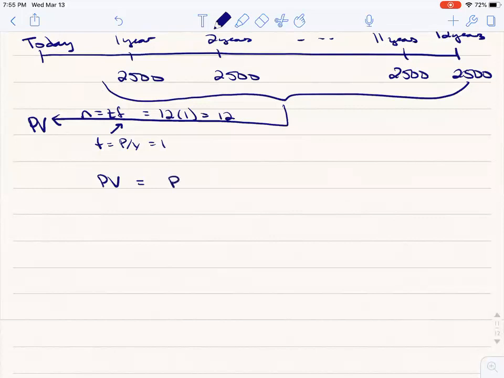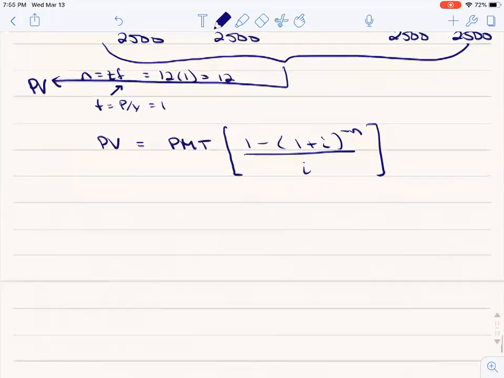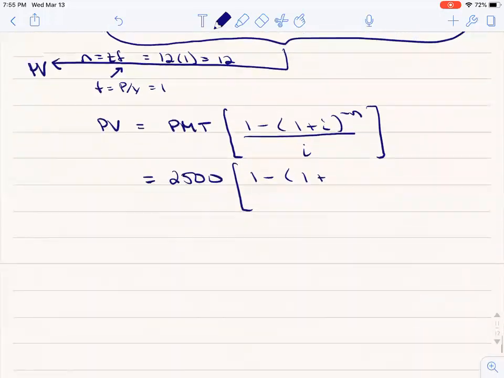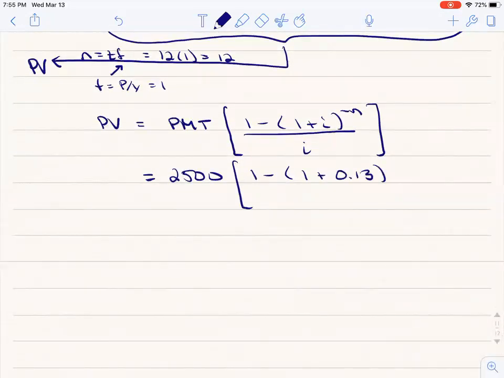The present value is PMT times the bracket of 1 minus 1 plus I to the power of negative N, over I. Your payment amount is 2,500 times 1 minus 1 plus I, which we said was 0.13, to the power of negative N, which is 12, over I, which is 0.13.